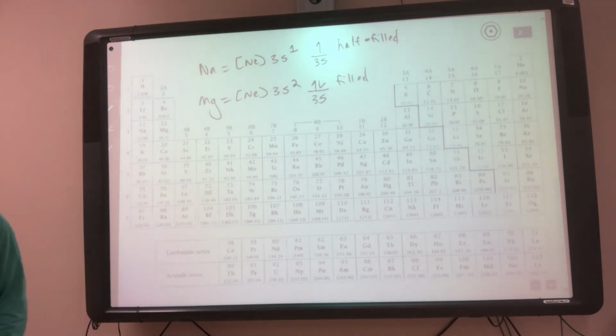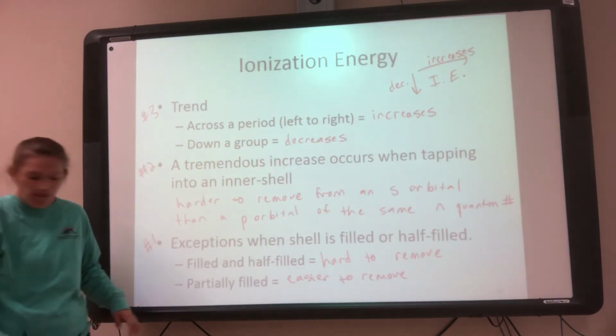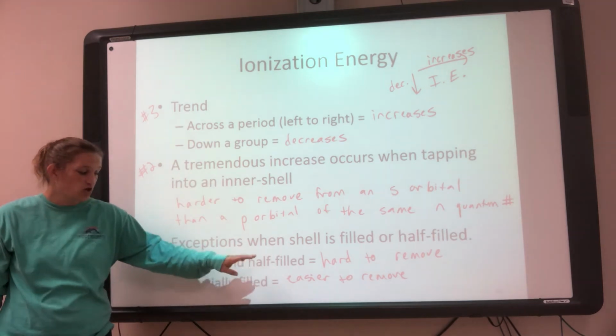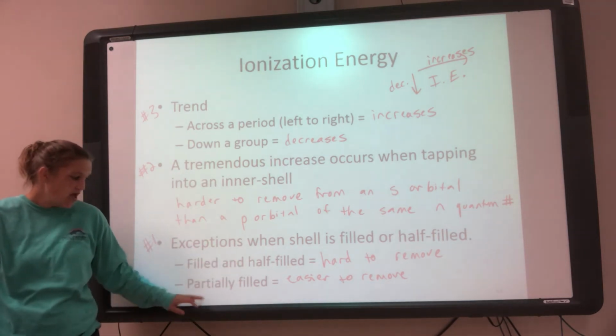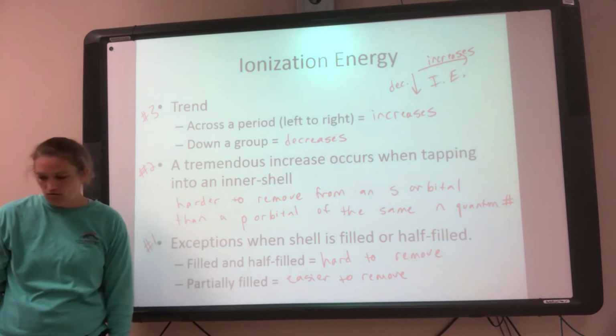So which one is it going to be harder to remove an electron from? A filled orbital or a half-filled orbital? Remember I said, based on our rules, that filled and half-filled are harder to remove than partially filled, and that filled is harder than half-filled.